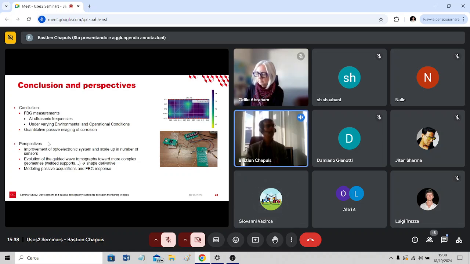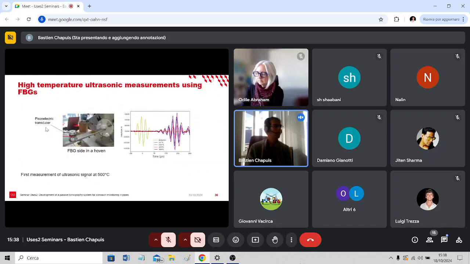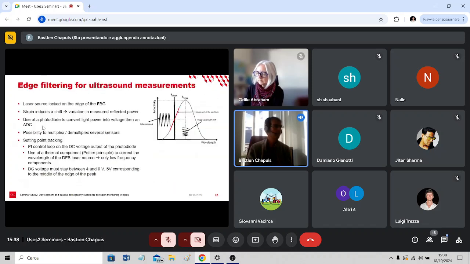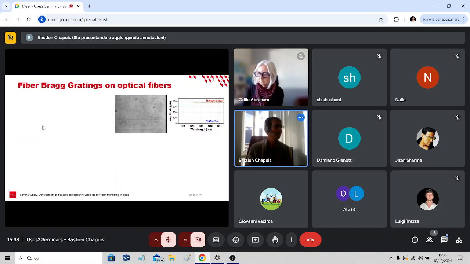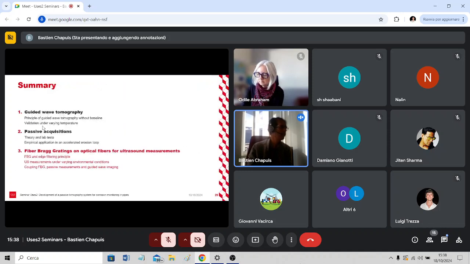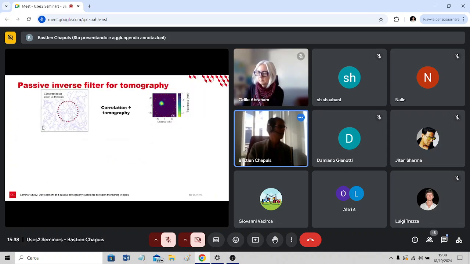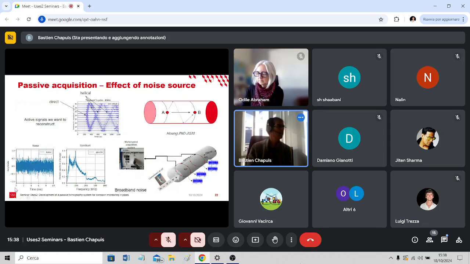Which type of resolution? Of the wavelength shift. Yes, but above 50 kilohertz, we need to improve the sensitivity of the system. So I'll just show you. Here you have the noise, but it is measured by the piezo.